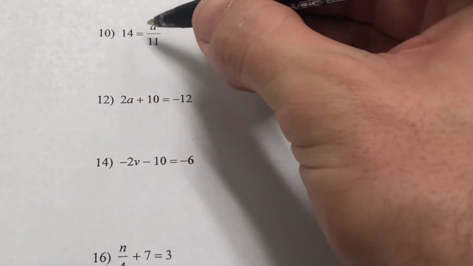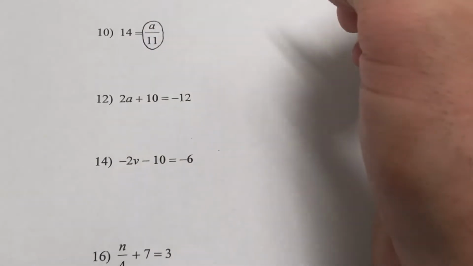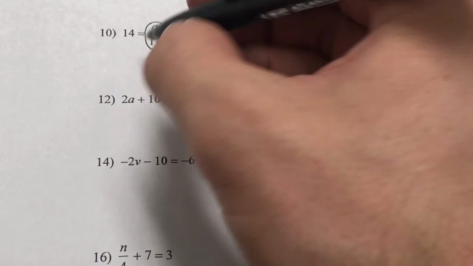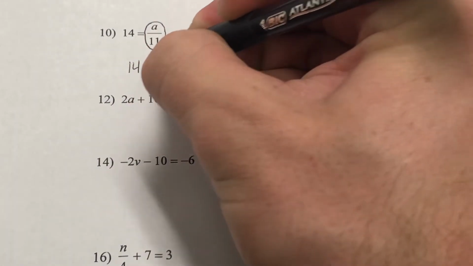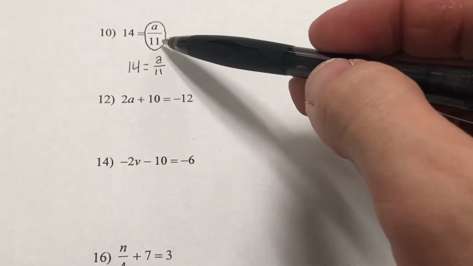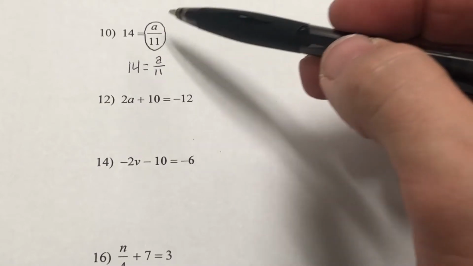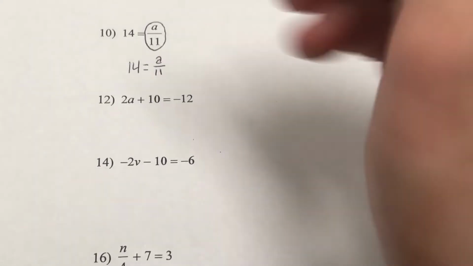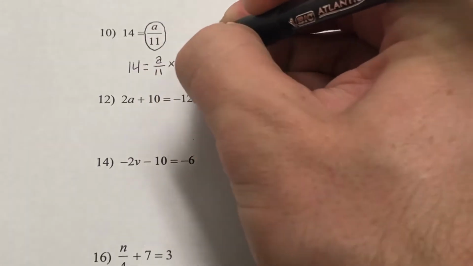In number 10, we have 14 is equal to a divided by 11. So this is attached to it. And I'm going to lower the problem and rewrite so I've got a little more room to work. So if I identify my variable, it's got 11 attached to it. The 11 is dividing the a. And to get rid of division, we will simply multiply by 11.